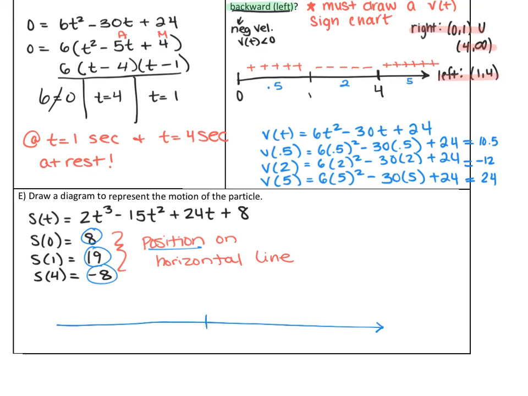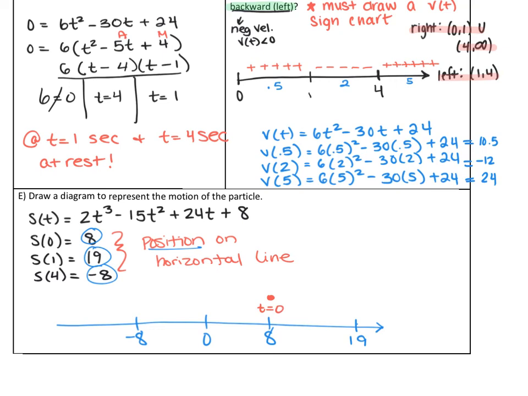Say 0 is in the middle here, we could put negative 8 here, positive 8 here, and positive 19 here. At time equals 0, you're going to plot a point at 8, and you can label that time equals 0.